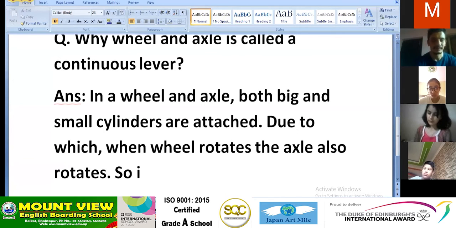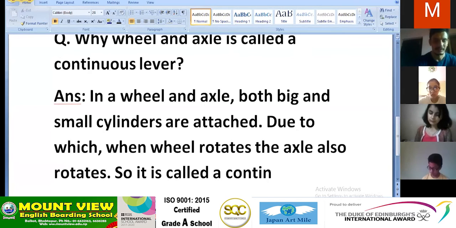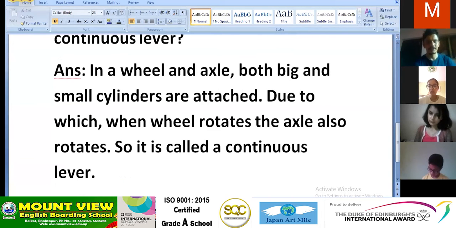So it is called a continuous lever. This is the answer.